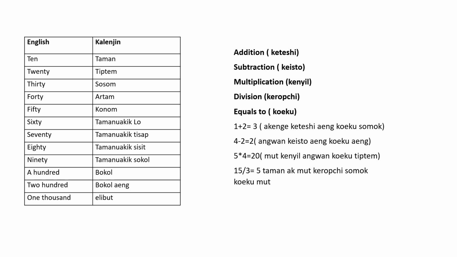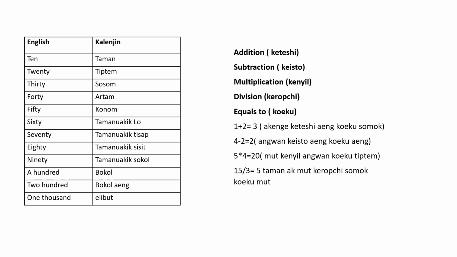So 43 will be artam ak somok, up until 49, which is artam ak sogol. We go to 50. 50 is konom. So 52 is konom ak aeng. 58 is konom ak sisit. Until now we go to 60.